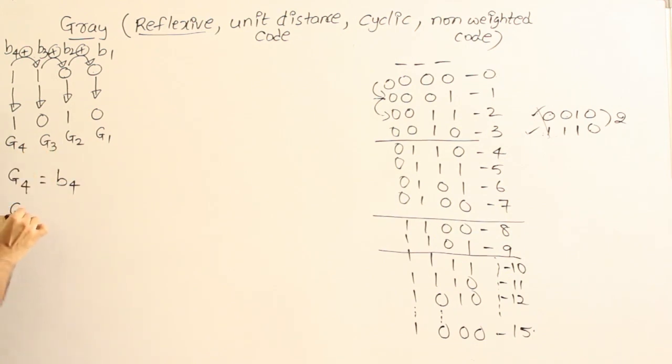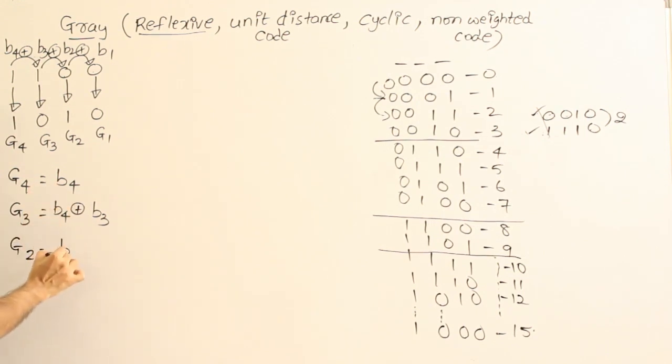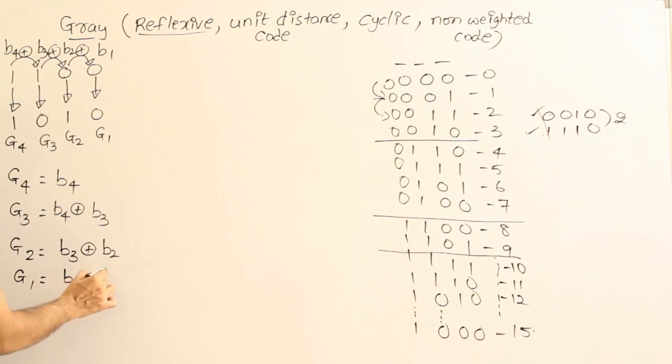And G3 is equal to B4 exclusive OR B3. G2 is equal to B3 exclusive OR B2. And G1 is equal to B2 exclusive OR B1.